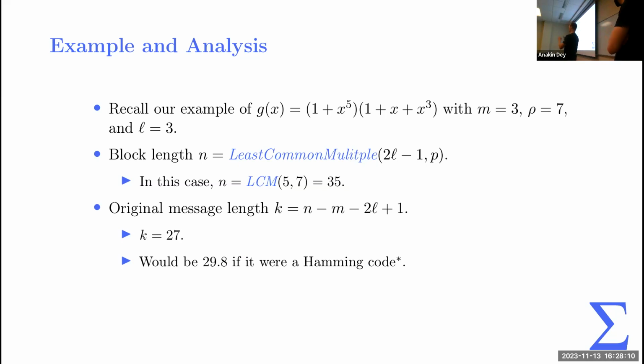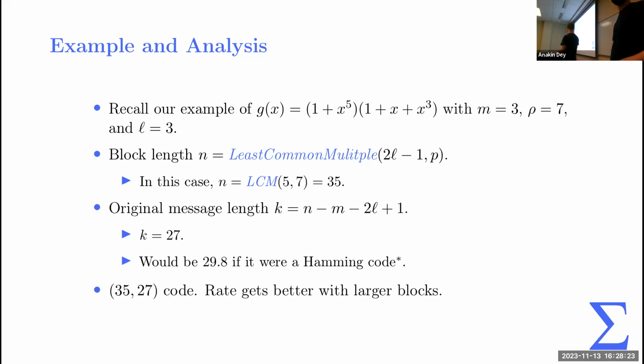So for a block length of 35, we're encoding messages of 27, which if it were a Hamming code, this is like fake math right here, because obviously you can't have partial bits, and you can't actually have a block length of 35 for the Hamming code.